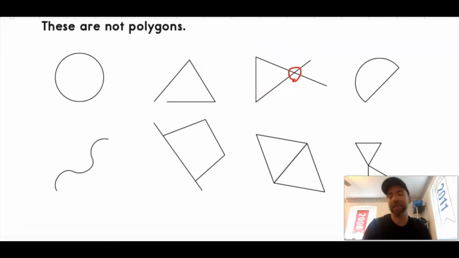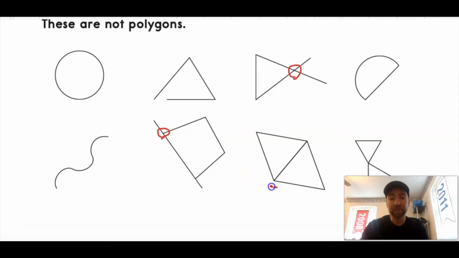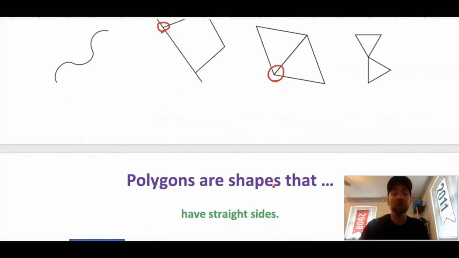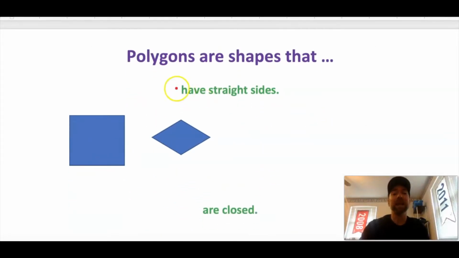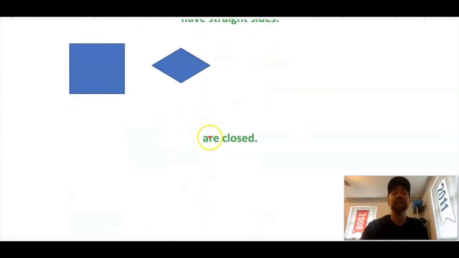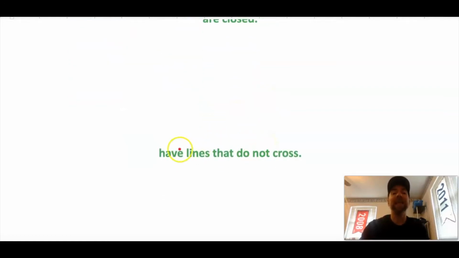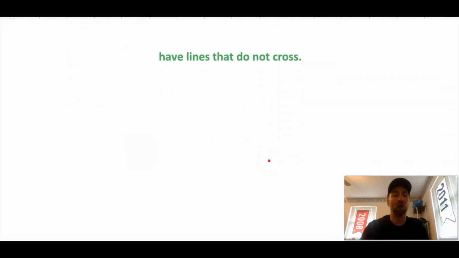So that can't be a polygon. Here's another shape where the sides cross. One side is too big. It goes past my shape. Here's a shape where I actually have two shapes that are put together. The polygon is just one shape. So a polygon is a shape that has straight sides, it's closed, and they have lines that do not cross.